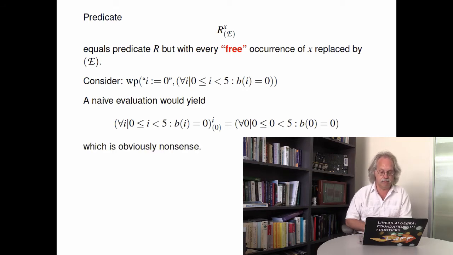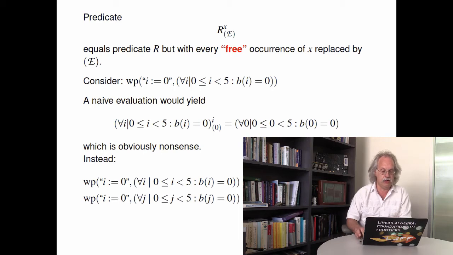And that's nonsense. So what's going on here? Well, the i in the quantification, the i in the quantifier, is really just a dummy variable. It can be replaced by any variable you want. So if instead we replace it by the variable j, then we get this. And then notice that if 0 is assigned to i, we can do the textual substitution.